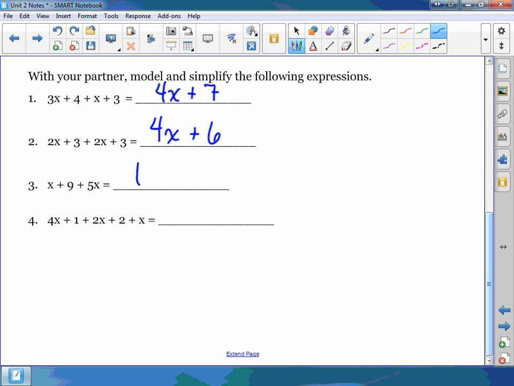Number 3, you would have 6x, because this x right here simply means 1x, plus 9. And the last one is going to simplify to 7x and 3 blue cubes. Okay, so make sure your answers are right there.